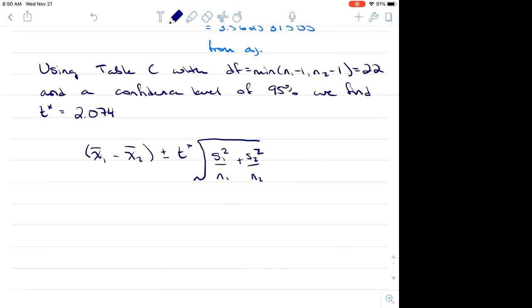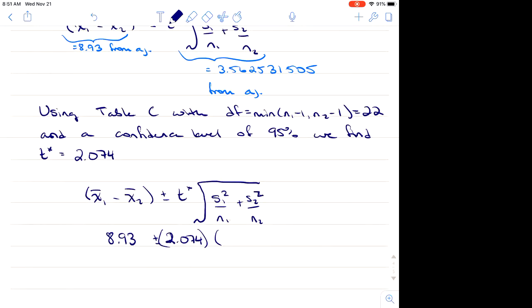This we said was 8.93 plus or minus 2.074 times 3.562531505.